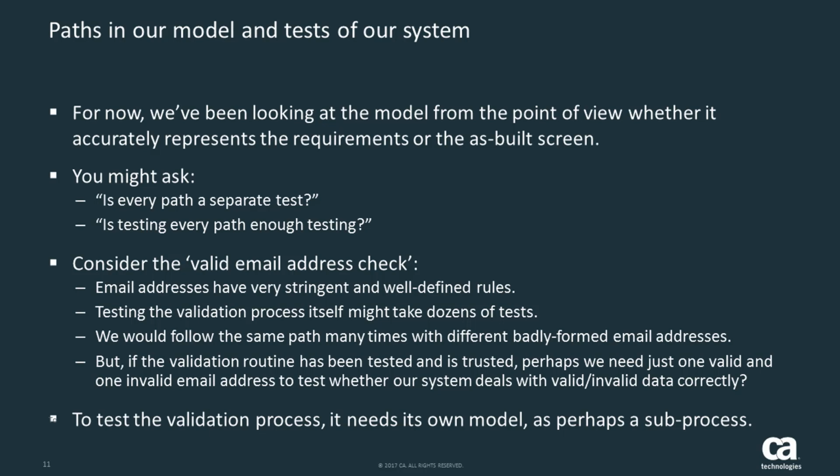So the number of tests we create depends on whether we're testing the component that sits behind a certain decision. If we're not testing that routine to destruction, let's say, we can just treat it as a kind of black box with a valid and an invalid outcome. If we do want to test the validation process, perhaps it needs its own model. Perhaps we create it in our model as a sub-process, which itself has its own test cases.